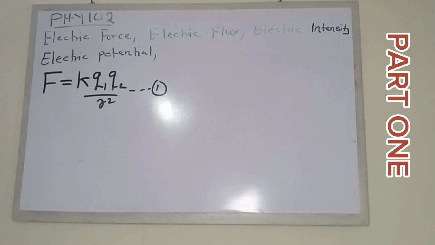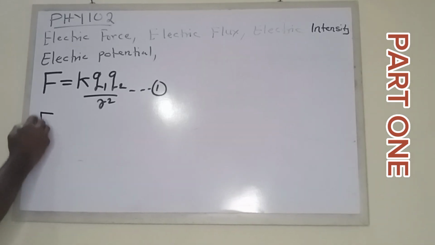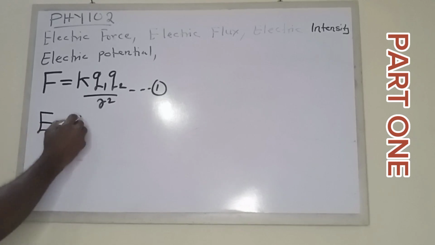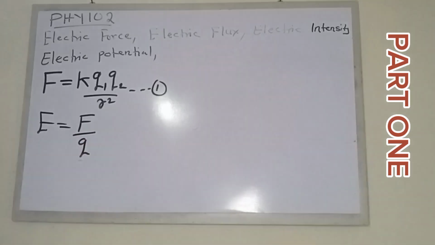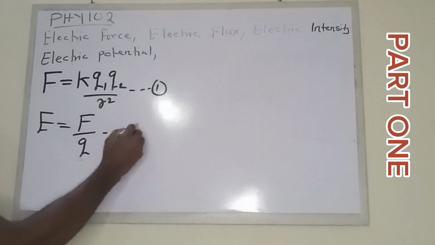Now, let's move further and talk about electric intensity, electric field intensity. Electric field intensity, which is denoted by E, is equal to the force divided by charge. Let's call this equation 2.